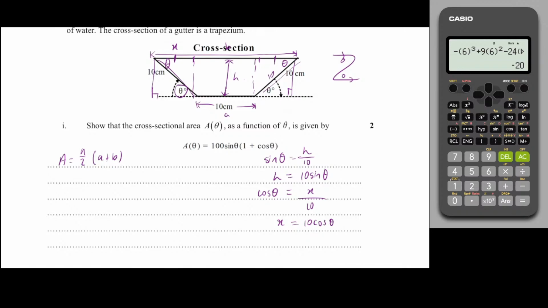Excuse me. So my area is equal to, so the height is 10 sine theta onto a plus b.